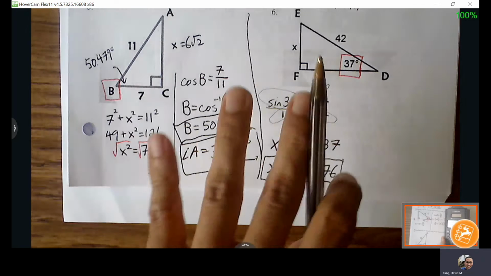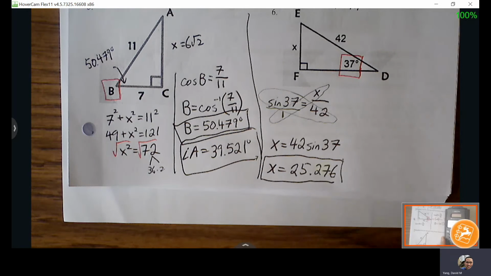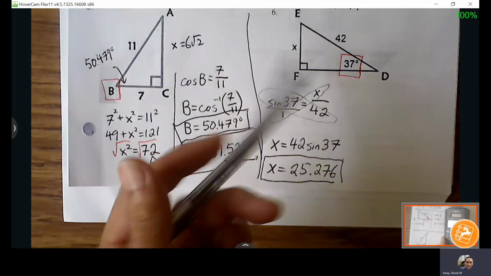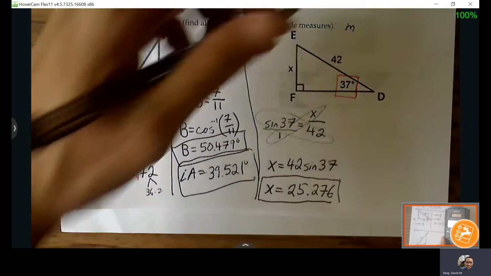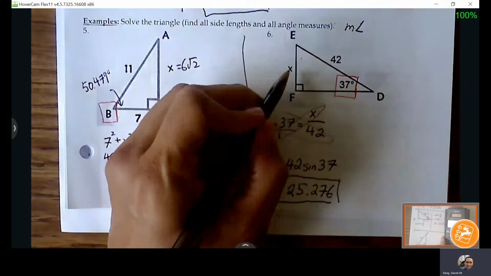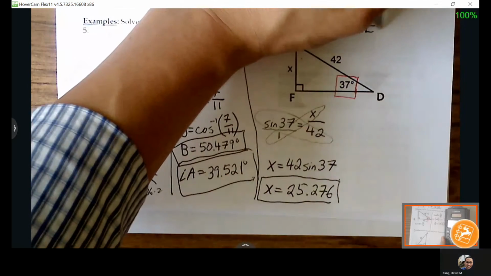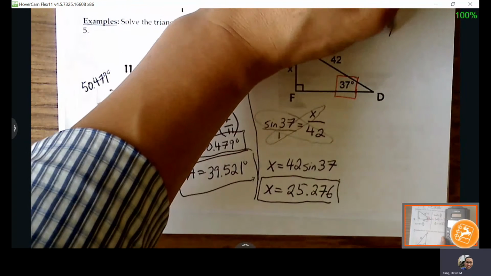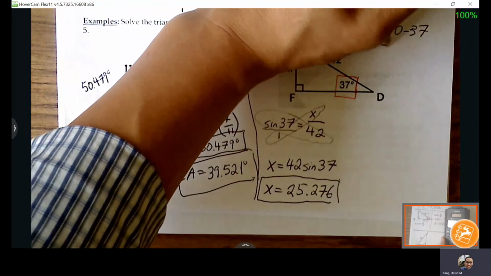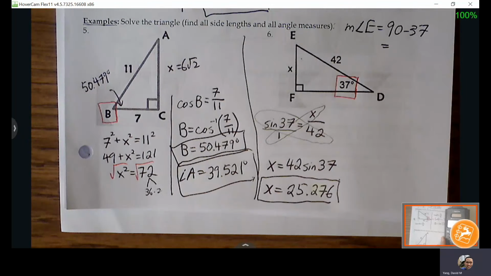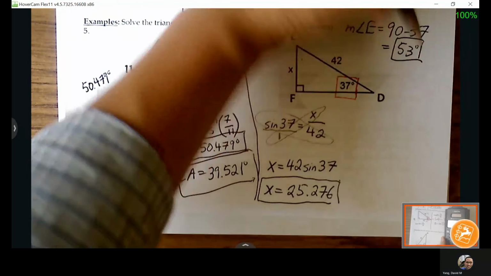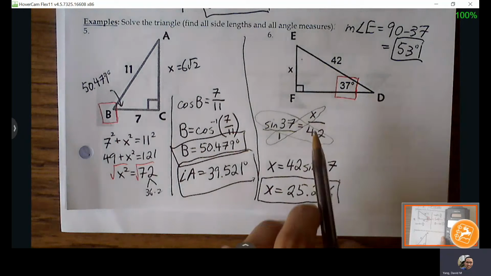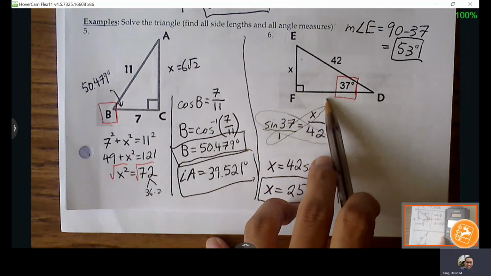So now, once you use trig once, then you can just rely on triangle properties, right? I can find this angle by subtracting from 90 degrees. So measure of angle E, which is going to be 90 minus 37. And then how can I find this missing side?